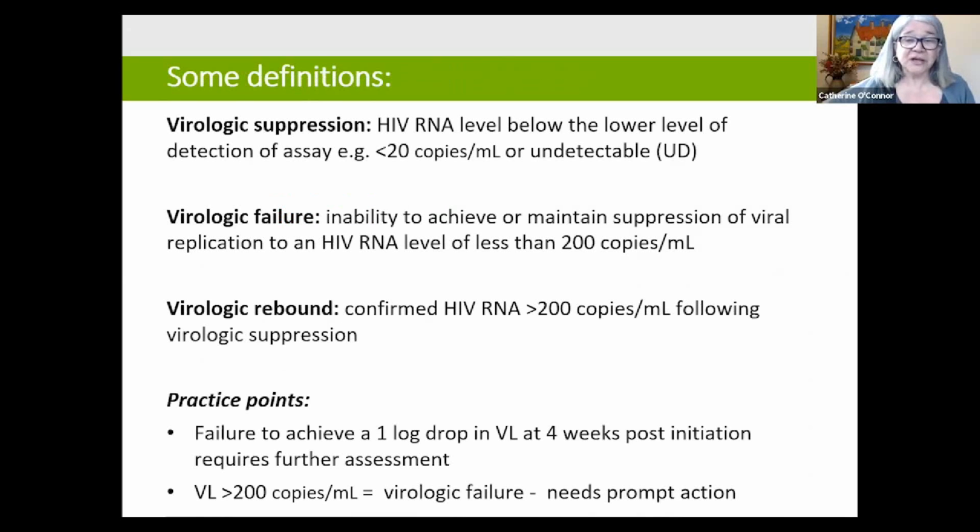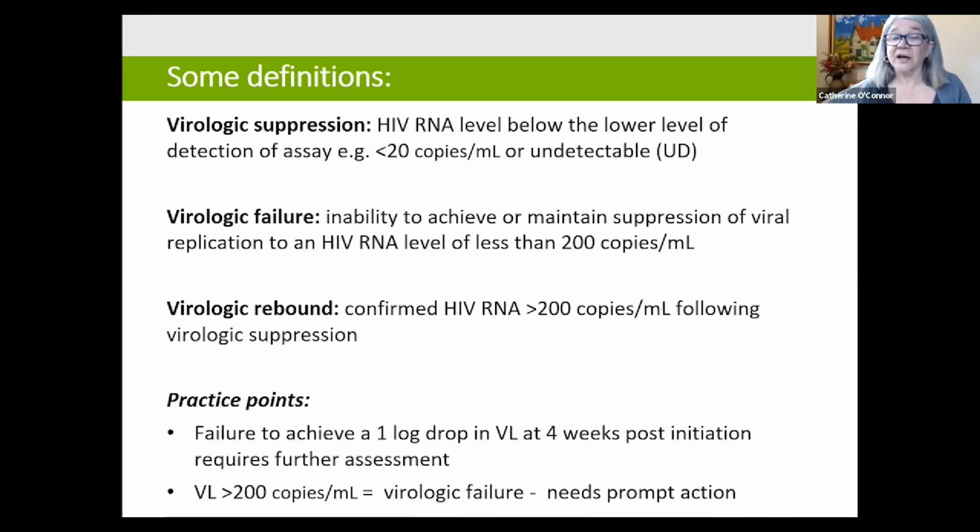So let's talk about some definitions. Virologic suppression is HIV RNA below the lower level of detection of the assay, so that's less than 20 copies per mil or undetectable.